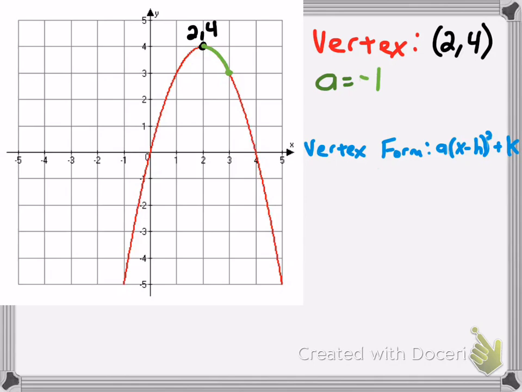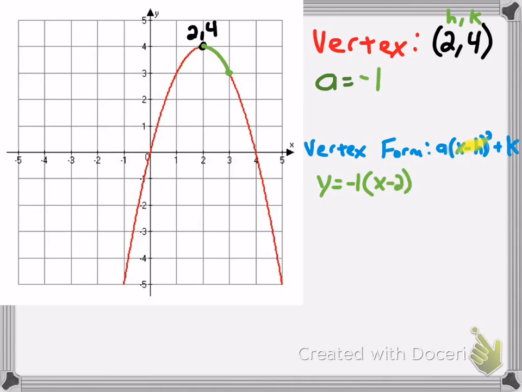Once you find your vertex and your a, you just fill in the form. You'll have y equals -1, and then your vertex is really h, k. So our h is 2. But since h is inside the parentheses here, we're going to have to take our +2 and turn it negative.